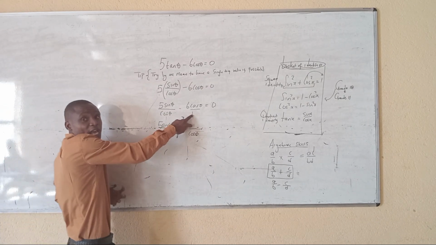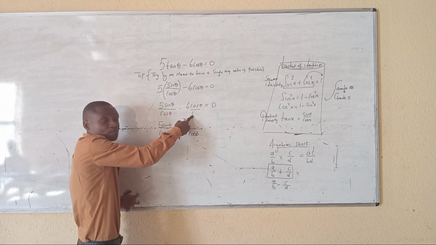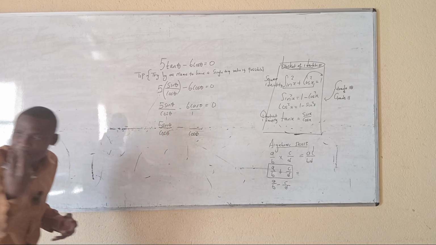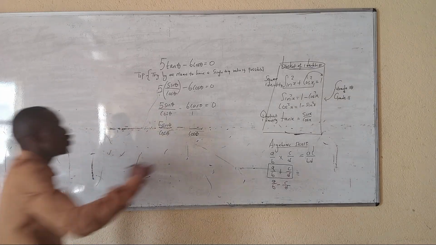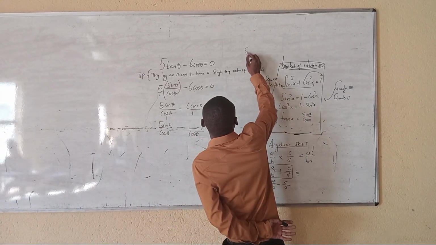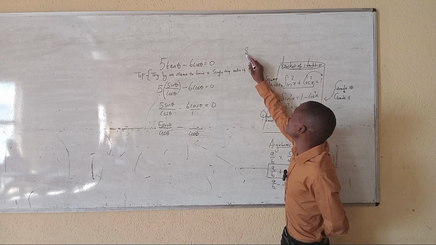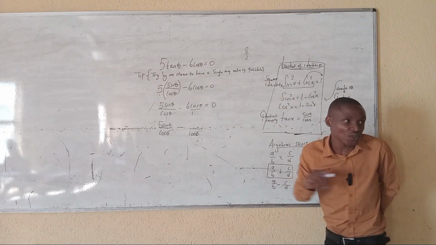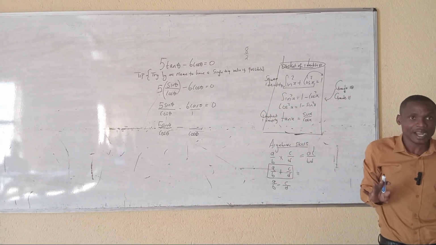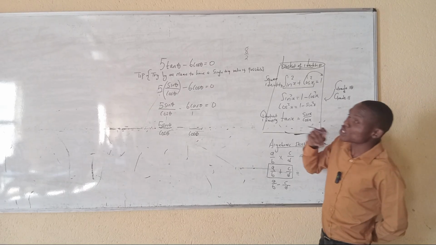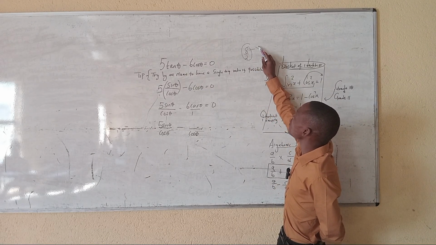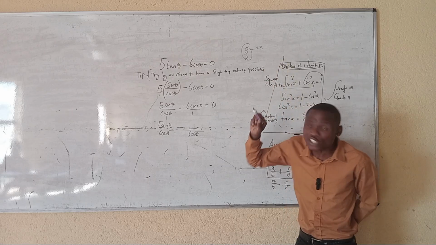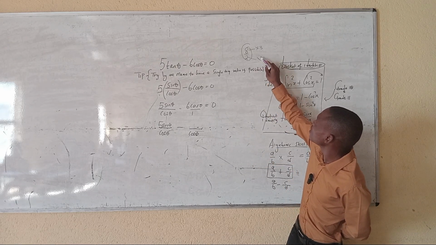So I'm multiplying 1 by cos theta, and what I'm doing to the denominator, I must also do to the numerator. Let's say you've got a number like 8 over 2. We all know 8 over 2 is 4. Suppose I multiply the numerator by 3, and the denominator also by 3.